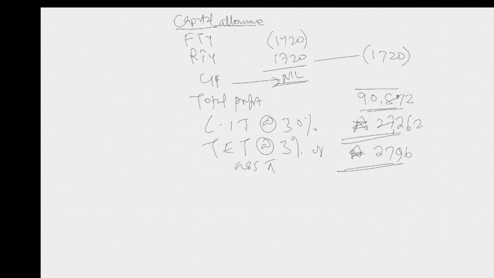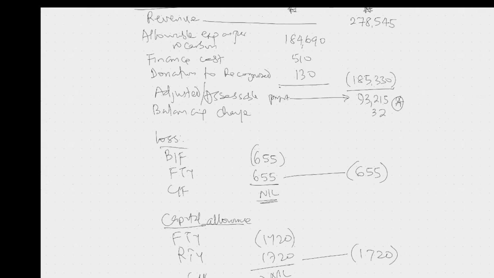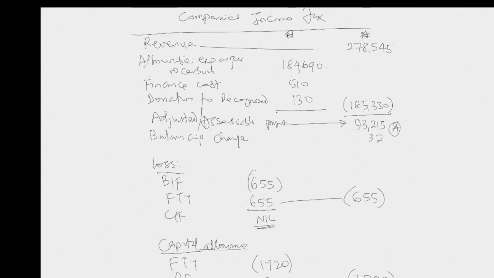Your assessable profit for company income tax is 93,215. Isn't it? So 3% of this is what we are talking about.